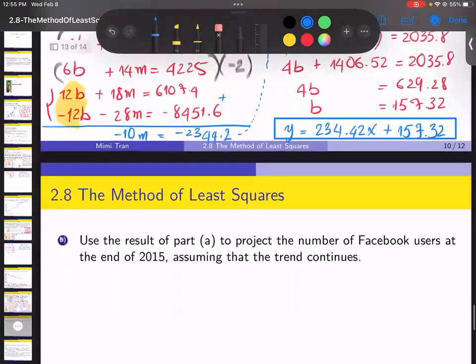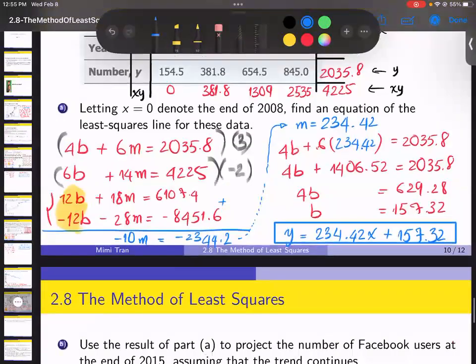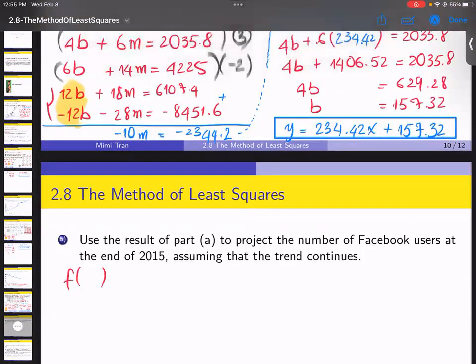2015. Where do we stop? We stop at 2011. So 2015, x is going to be what? 7. Yeah, 7. Again, coincidence, not always 7.